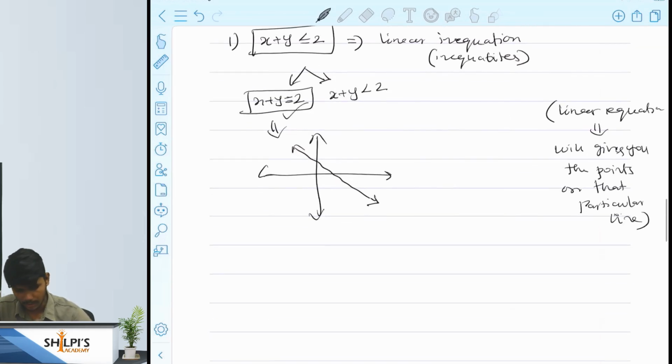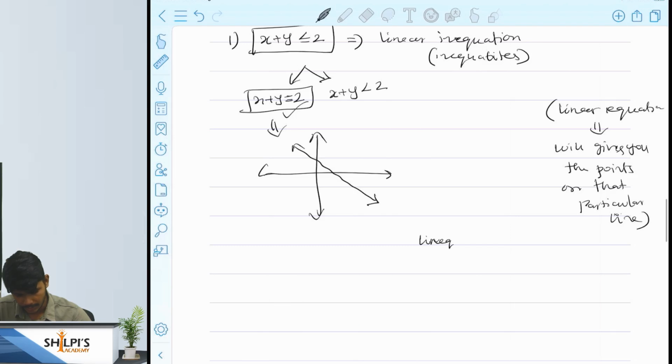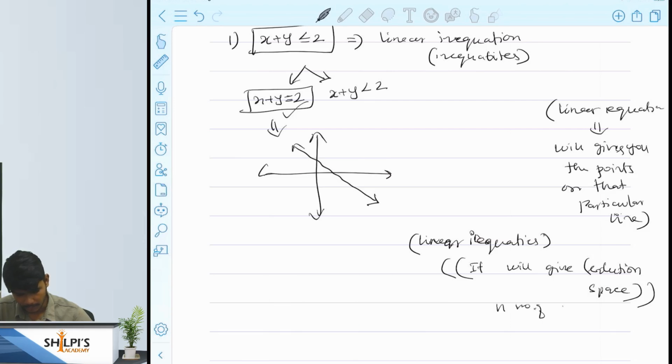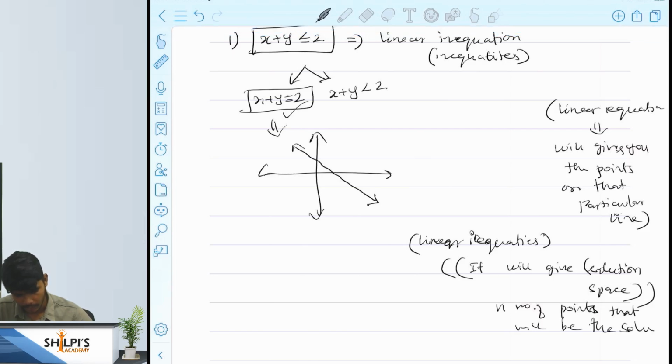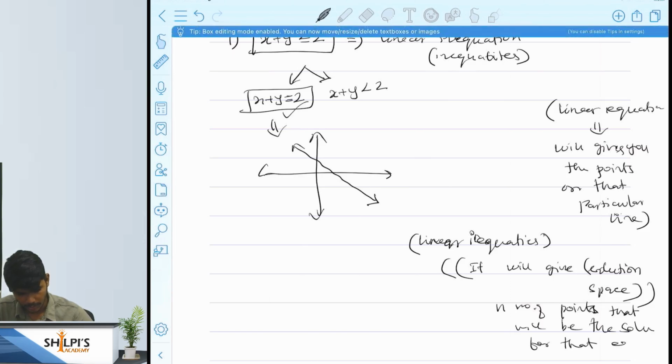But in linear inequality cases, it will give the solution space. Solution space means we can get n number of points that will be the solution for that line.